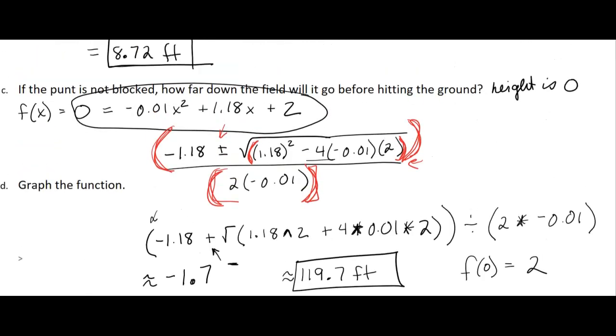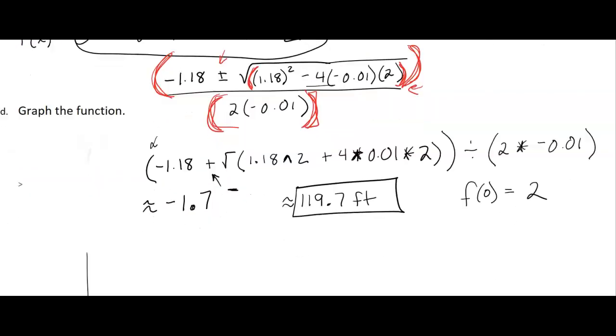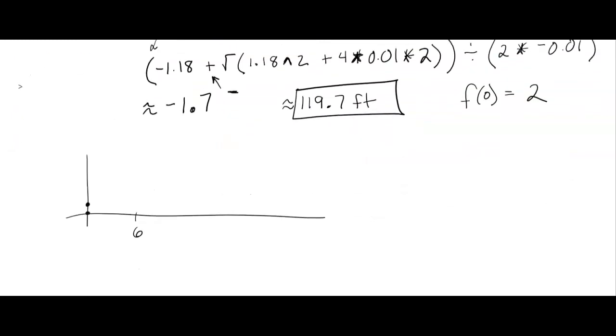Let's see if I can scroll back up. Yeah, it was like 8.7 feet. So if that's 2, maybe 8 is like there. And then when is it at 0? Now remember this is the x value, right? So that's like the horizontal distance, how far down it's going.